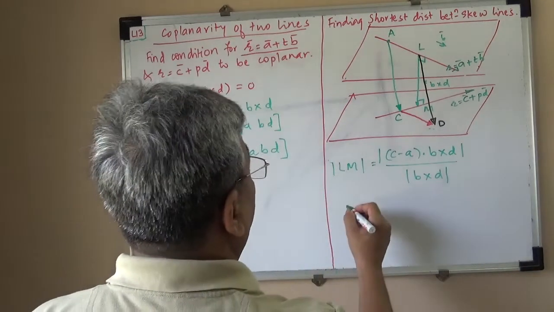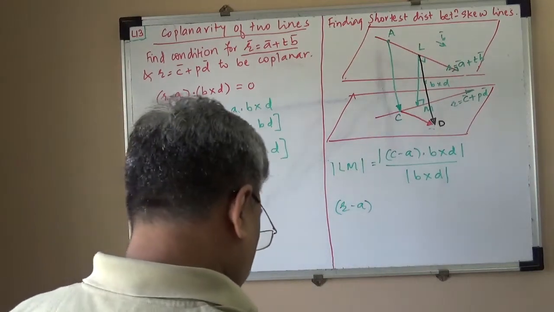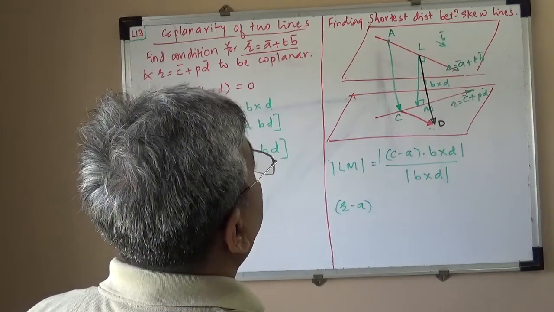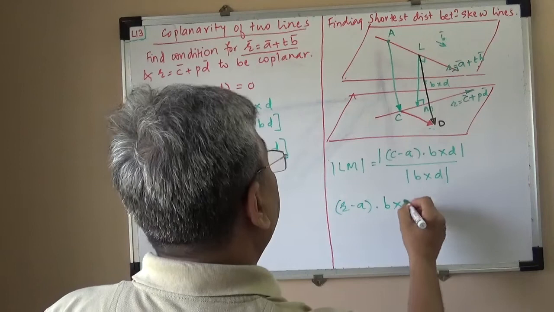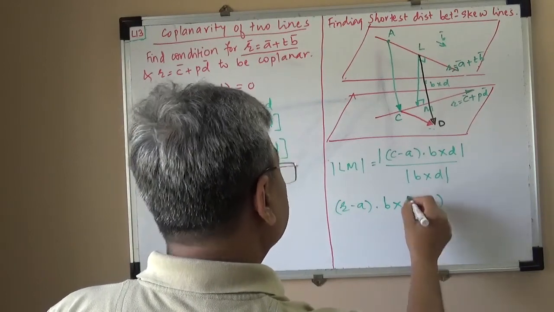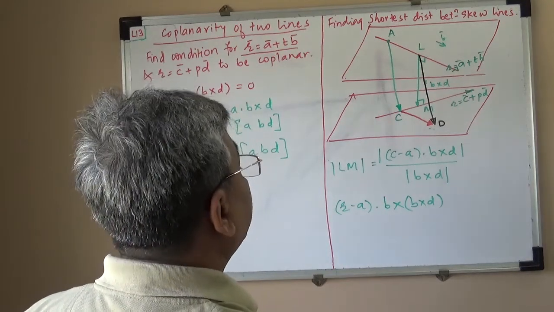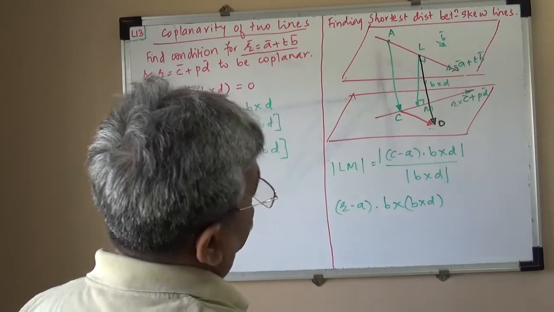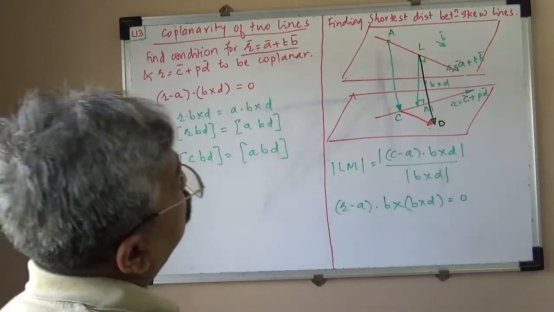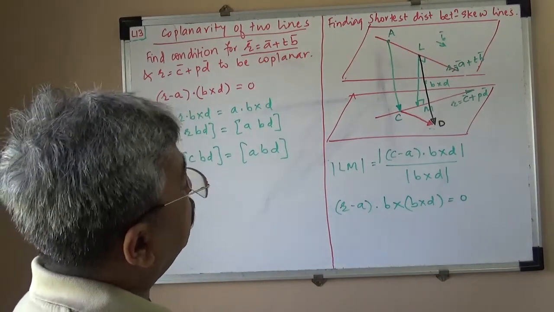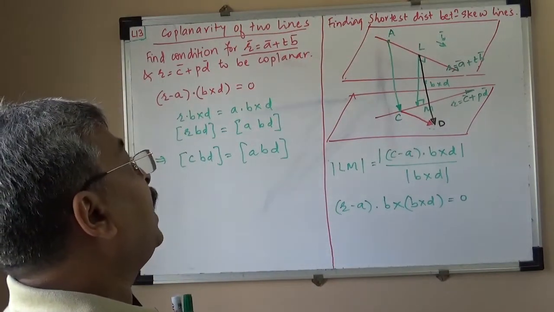It will be R minus A, that is the vector, dot B cross D. R minus A dot B cross D is equal to 0 is going to be the equation of the plane containing LM and AL.